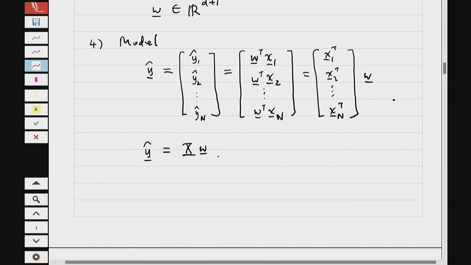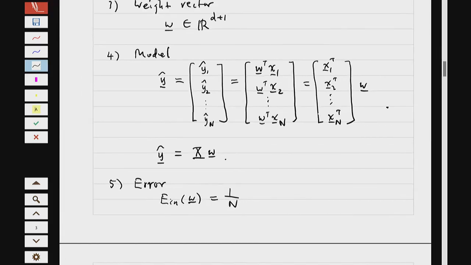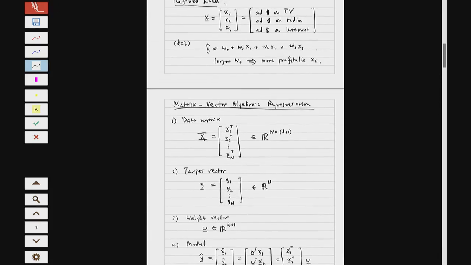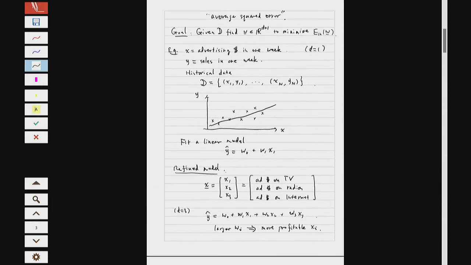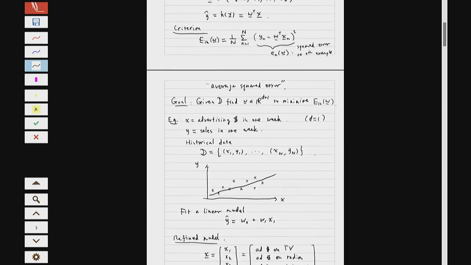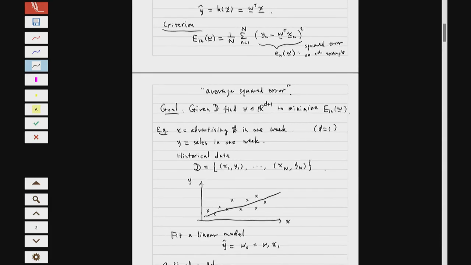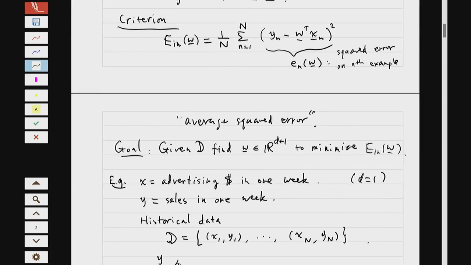With that, we can write our training error, E in. If you recall the definition of E in, where do we have it? Yeah, here we go, on top there. It is the average square error, the per sample error.